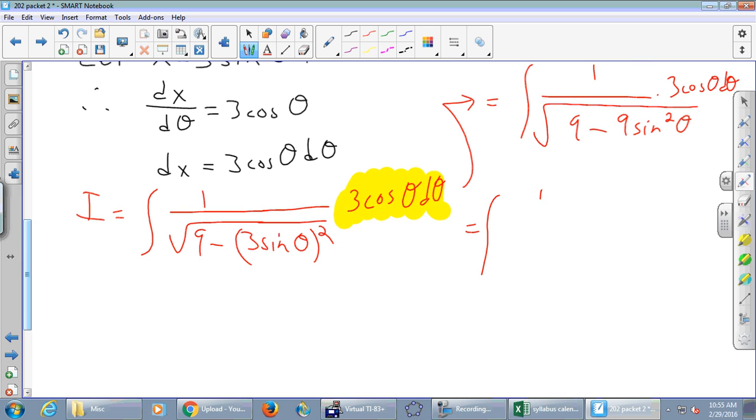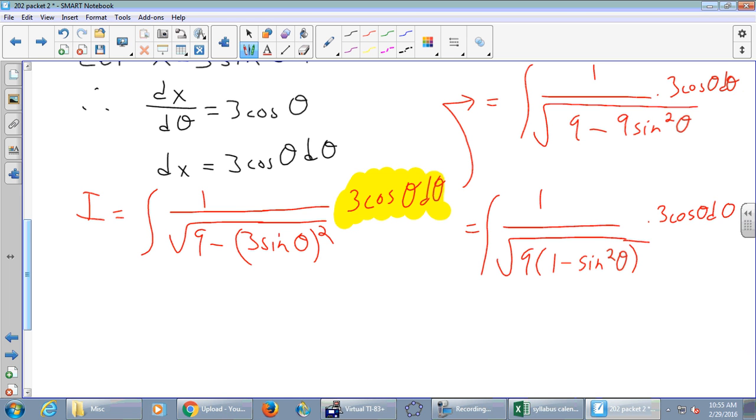The integral of 1 over the square root of 9 comes outside of the parentheses, and we're left with 1 minus sine squared. And then copy that 3 cosine theta d theta. So the 9 can come outside as a 3 now, outside of that radical.